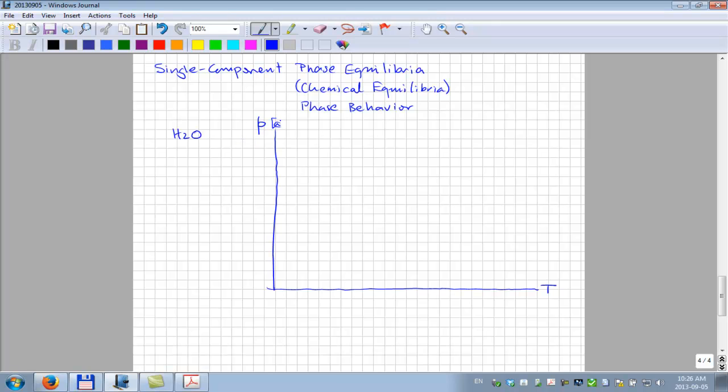I'll use atmospheres and degrees C, just because you're probably familiar with those. And I'll put 1 atmosphere, which is what we're feeling here, and 100 degrees C, 200 degrees C, and so forth.